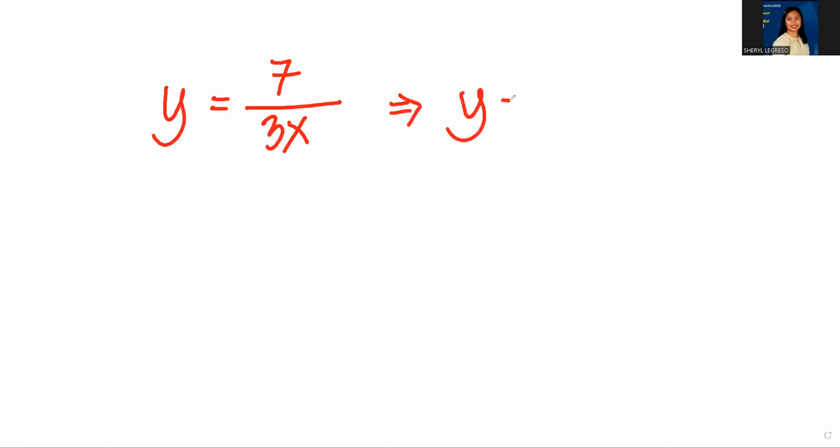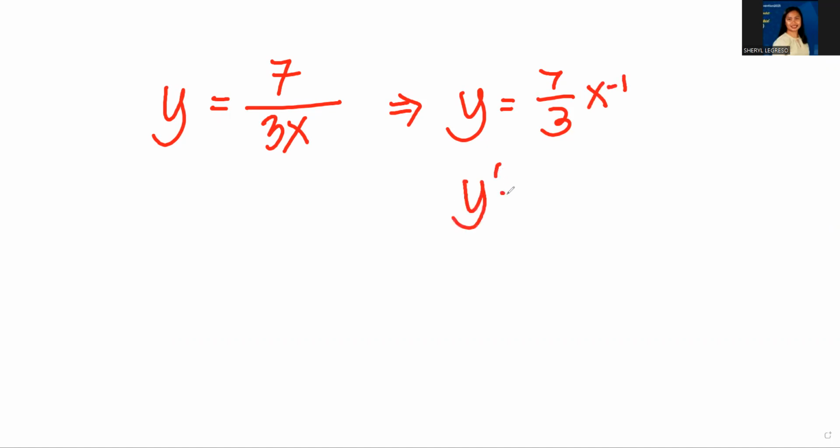Okay, let's have the last example. Suppose we have y equals 7 over 3x. In this case, if we are going to rewrite this, it will result in y equals 7/3 x raised to negative 1.